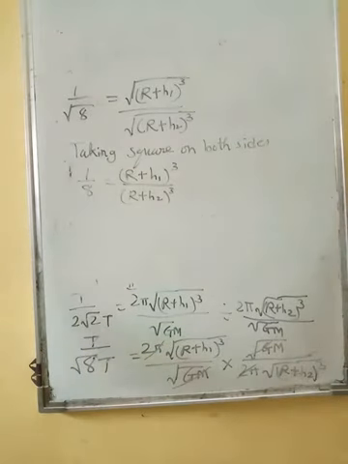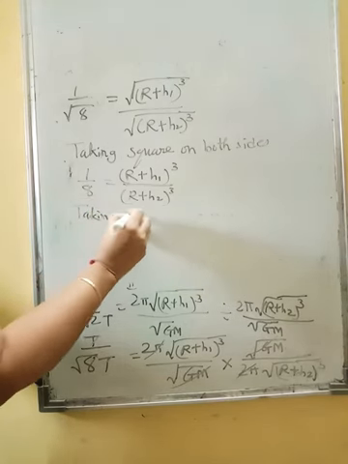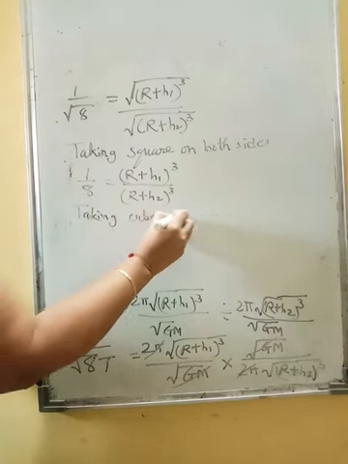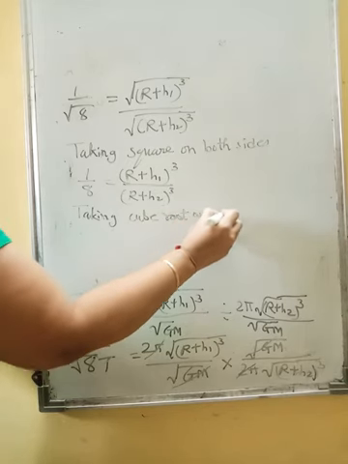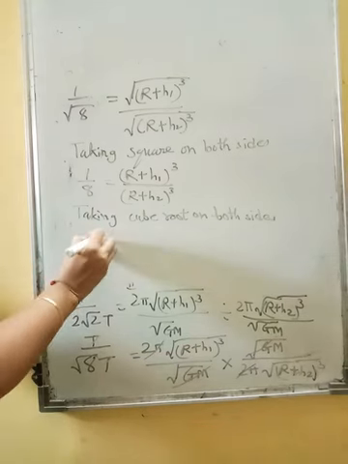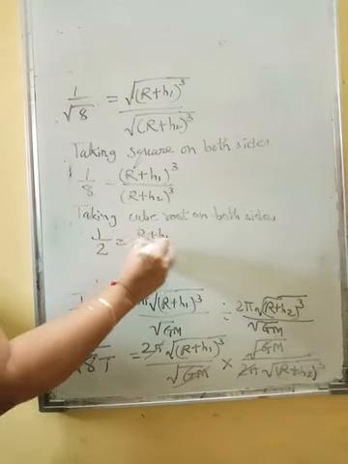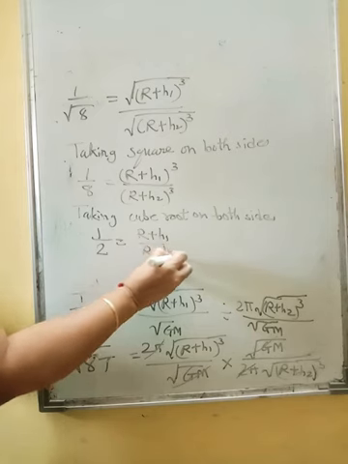Taking cube root on both sides. So 1 upon 2 is equal to r plus h1 upon r plus h2.